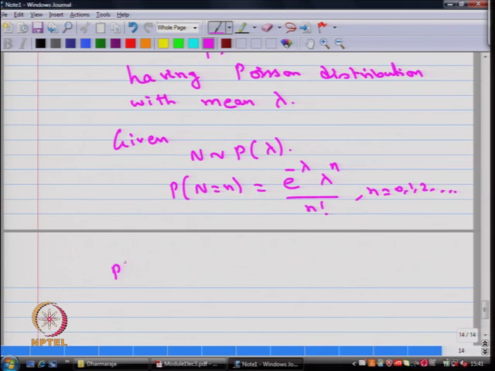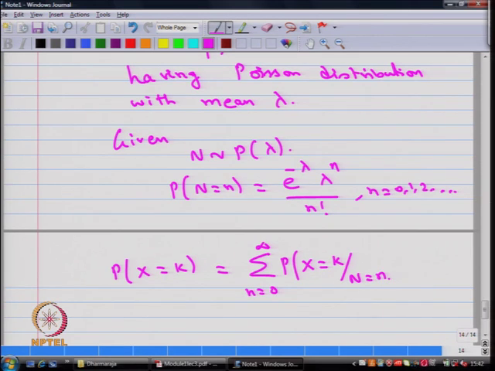Our interest is to find out what is the probability mass function of the random variable X. That is same as the sum over n equal to 0 to infinity of the conditional probability that the random variable X takes a value k, given the other random variable N takes a value small n, multiplied by the probability that N takes a value n.